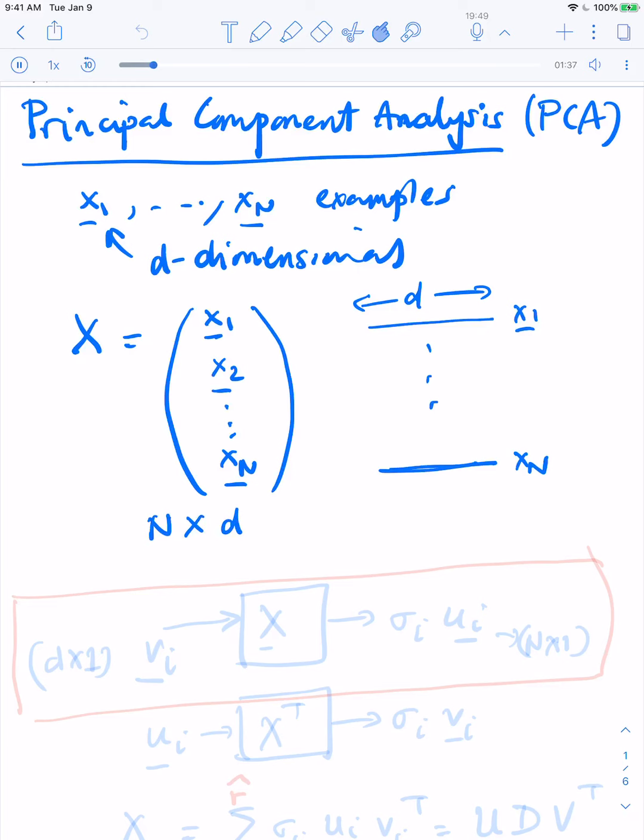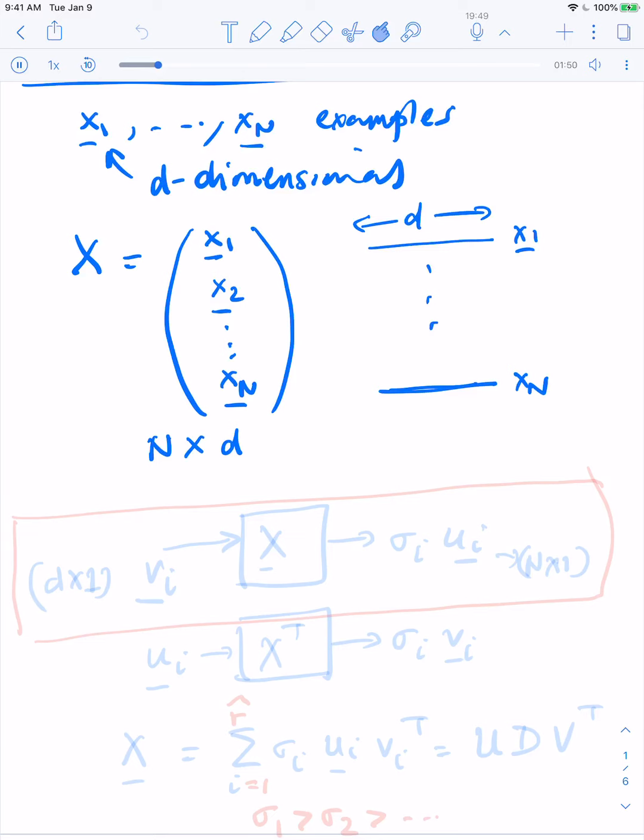So let me think of doing the SVD for this. Let me remind you what the SVD would be in this context. You're going to find ui's and vi's as vectors such that this property holds: when vi goes through X, I get sigma i ui, and of course I'm going to write down the other side also, but we're not going to worry so much about that.